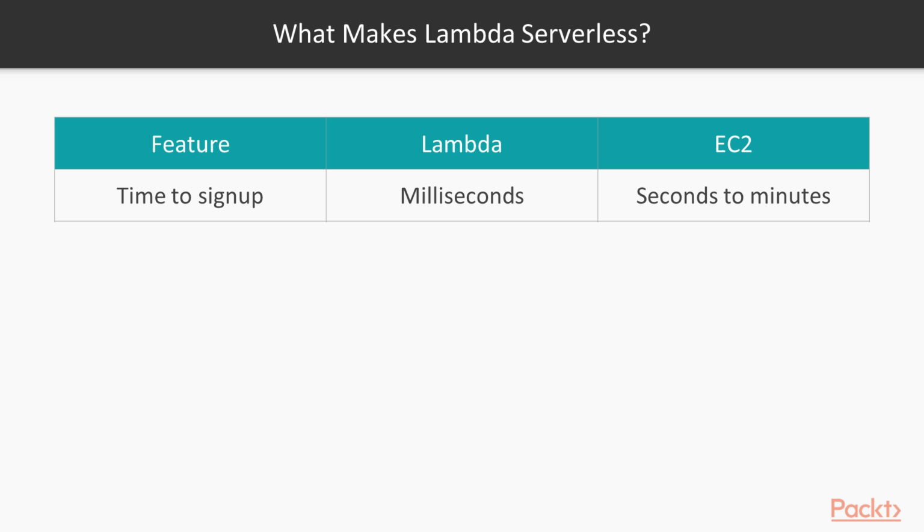Obviously, whatever time your function takes to execute is factored in there, but it's going to spin up and run right away, whereas with EC2, you can provision a server pretty quickly, but then you need to boot up the server's operating system before you can really do any work. So, with EC2, it can take minutes to sign up a new instance, but with Lambda, it's always sitting there waiting for you to go right away.